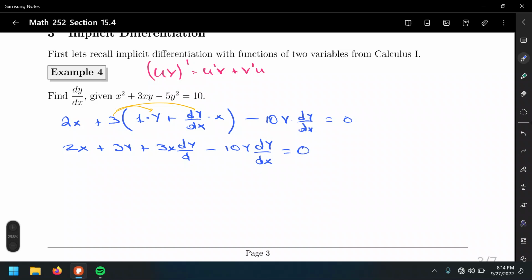So the way we went about implicit differentiation back in Calculus 1, after we take the derivatives here, we're essentially done with the calculus, by the way.